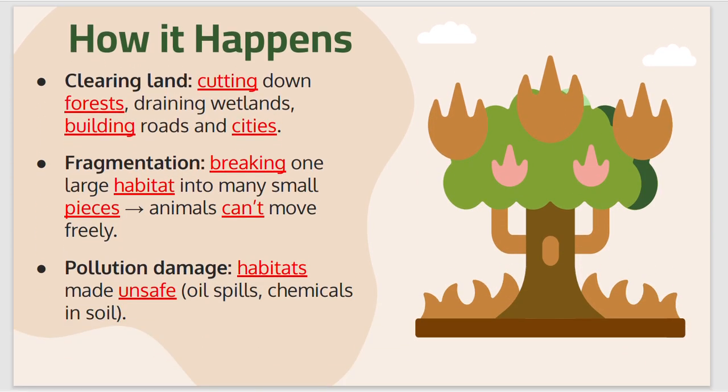So, how does it happen? I do want to start with, throughout this presentation, I am just going over some of the big causes and the big ways that these impacts occur. I do want to say that this is not the all-exhaustive list of everything.